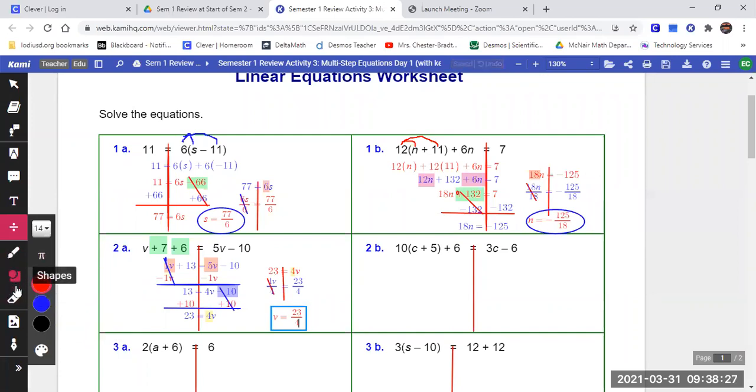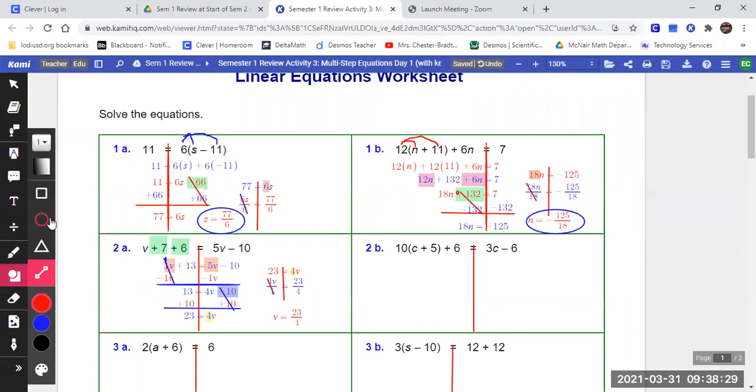If it was 24 over 4, would we be done? Could I leave it as 24 over 4? Is that a valid answer? No. Could I leave it as a 22 over 4?